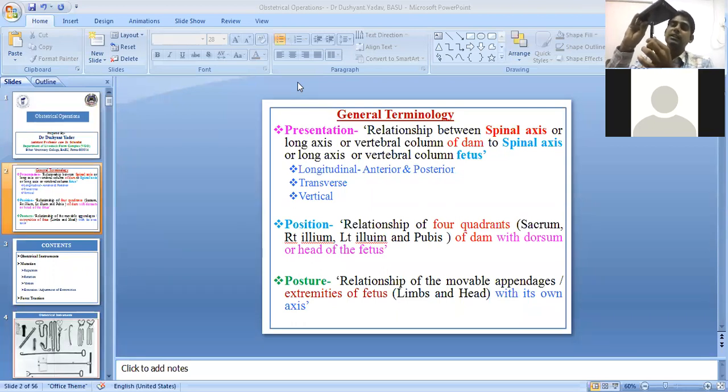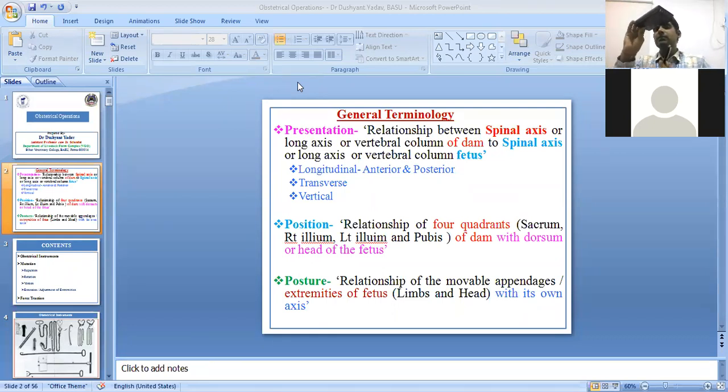Sometimes in horses, bitches or queens, it is possible, but in cattle, it is very rare. So it is called the vertical presentation, in which the fetus is presented vertically.